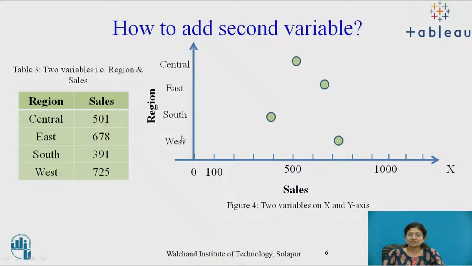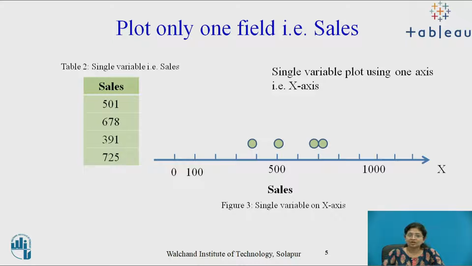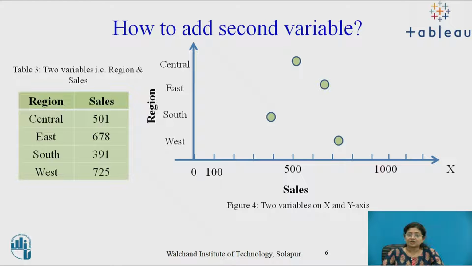Previously I had taken only a single variable, so it was shown with only a single axis, whereas now I have taken two axes, two variables, region and sales. In this way I can plot the scatter plot with the help of the xy plane.